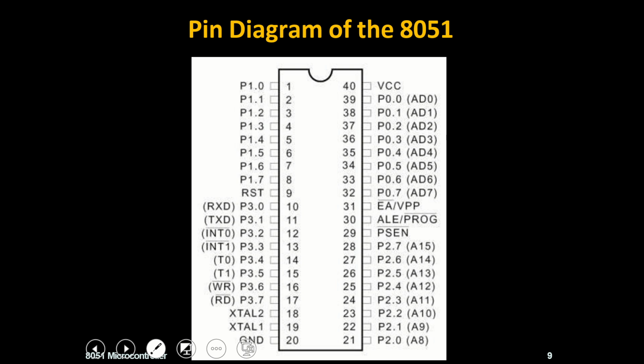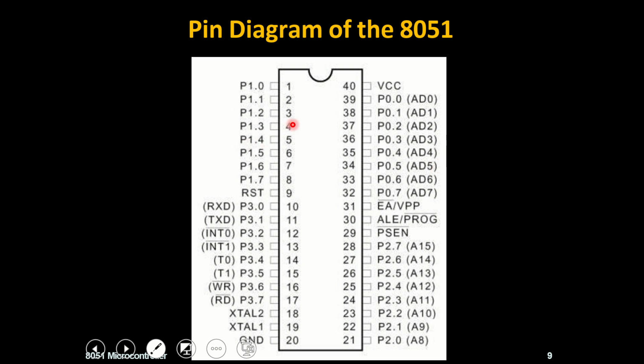If it is 1, data lines will be provided. So by using the latch, the address and data lines are demultiplexed, and external access gives the support of external memory, and program store enable pin gives the support for the external memory to extract the data and control signals.